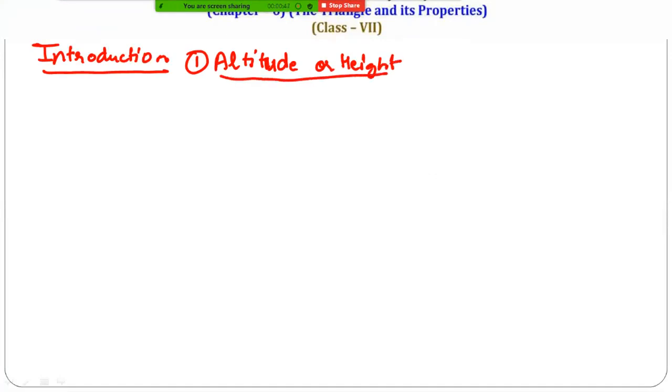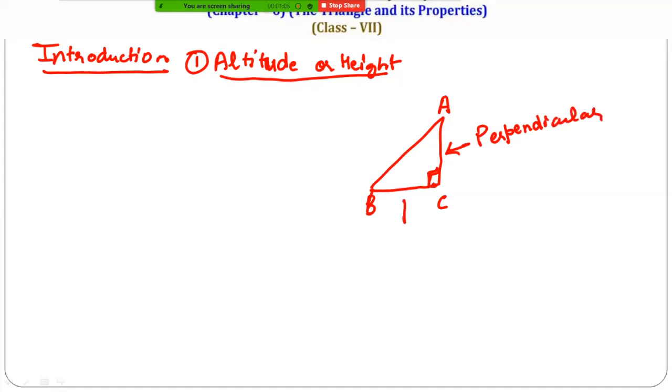Suppose we have a right angle triangle. Right angle triangle is the triangle having one angle equal to 90 degree. Suppose this triangle name is A, B and C. So this portion is called as perpendicular and the bottom portion is called as base and this portion is called as hypotenuse.